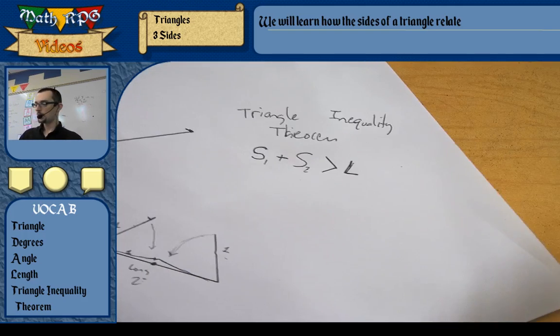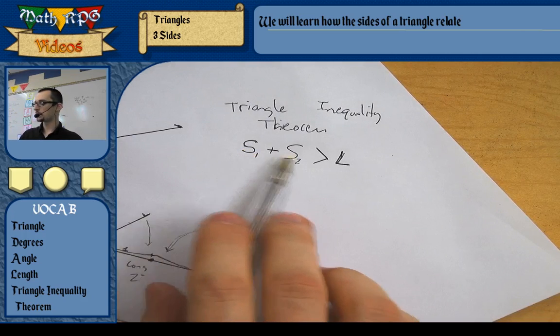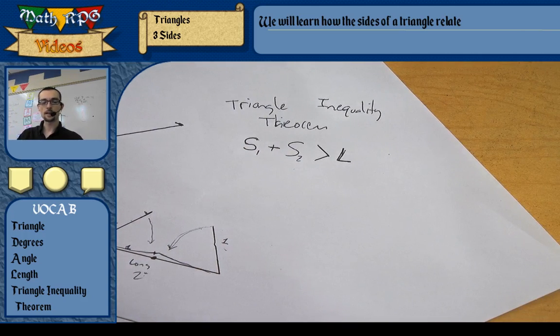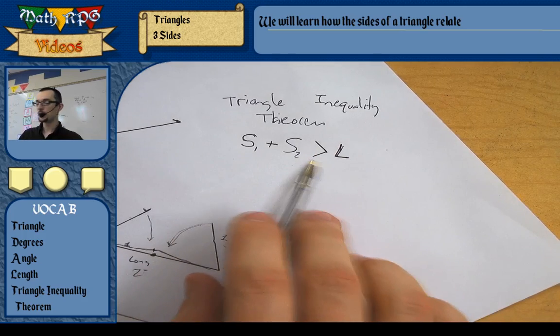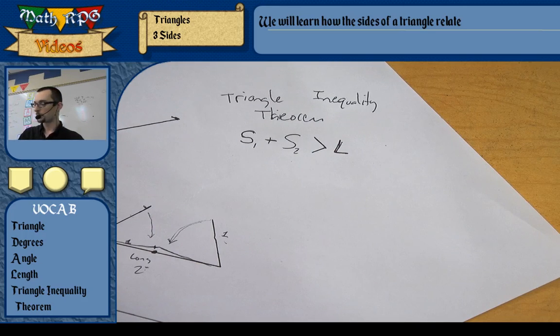Okay? Does that make sense? So the short sides added together have to be bigger than the long side. They write it differently in different textbooks, but that's how I always think of the inequality theorem for triangles. The short sides added together have to be bigger than the long side, and then it can be a triangle.